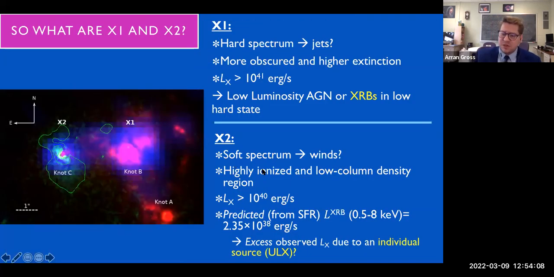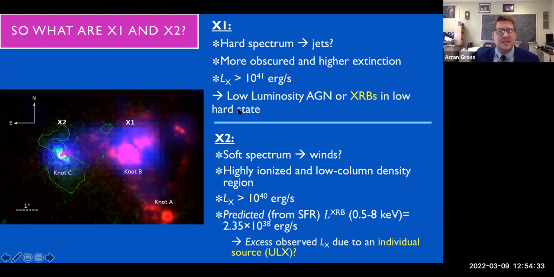Okay, so with those three options in mind, let's just piece together the evidence that we have from the different modeling. Starting with X1, we know it's got a harder spectrum, possibly evidence of an accretion source with jets. It is slightly more obscured, and there are dust lanes, but it's really not that much obscuration. This is the brighter of the two regions.